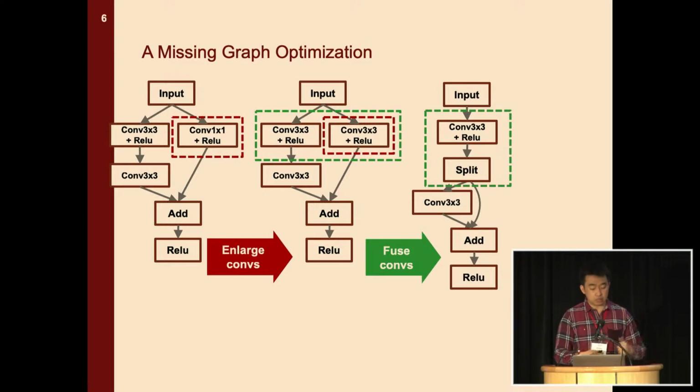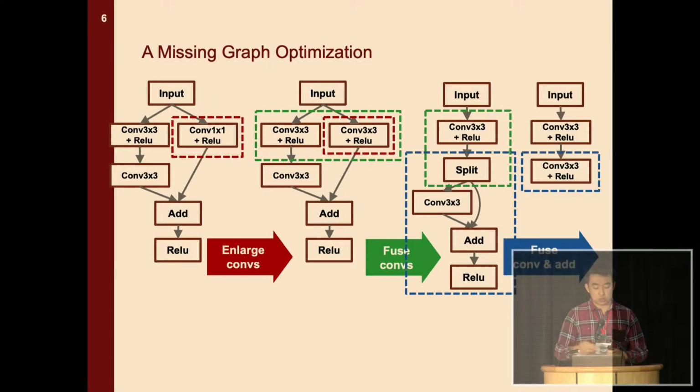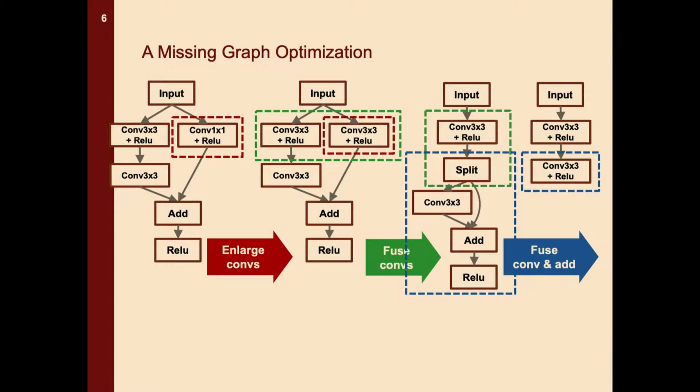This is an optimization because on the new graph, you only have to access the input tensor once, compared to the original graph where you have to access the input tensor twice. And finally, you can also fuse the convolution and the following addition and ReLU into a single convolution plus ReLU operator.